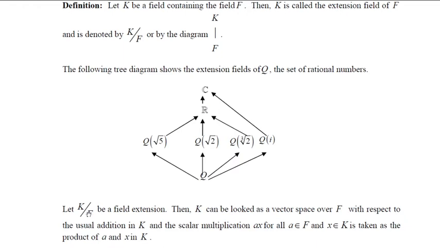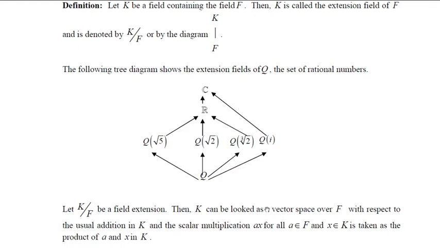Because you know, your field F is subset of K. So any element which belongs to F is also present in K. Therefore, if a is present in F, then that is also present in K, and x belongs to K is also an element of K. Therefore, their product obviously belongs to K because of closure law under multiplication. Therefore, all the properties of vector space are satisfied for K over the field F.